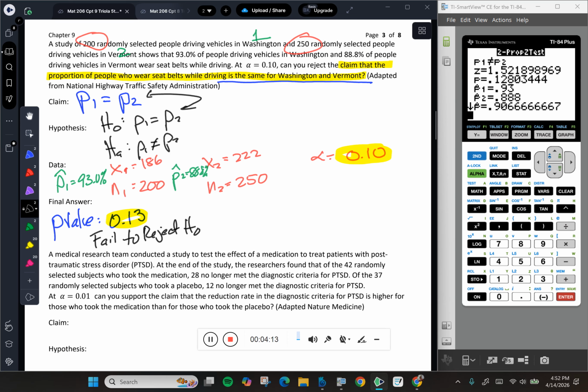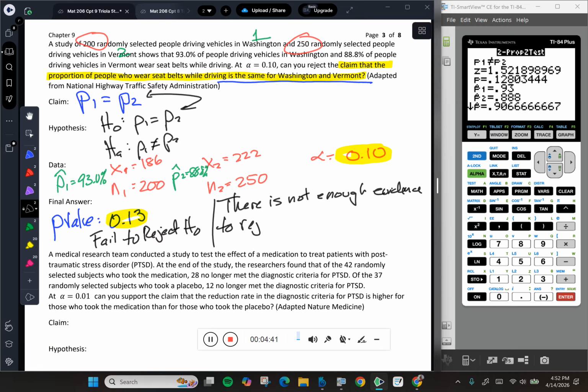And if I'm failing to reject the null hypothesis, and my claim was the null hypothesis, then I would say there is not sufficient evidence to reject the claim that they are the same.